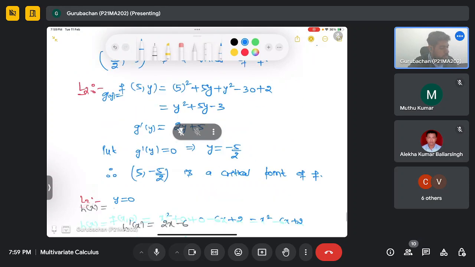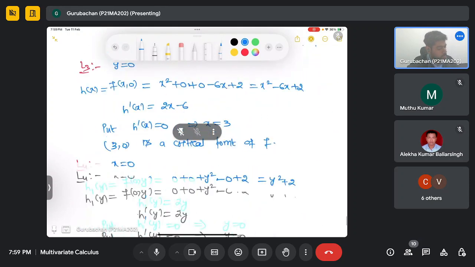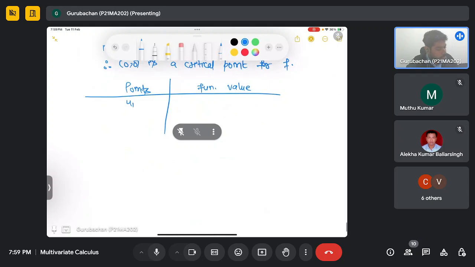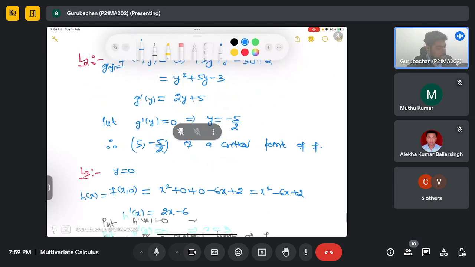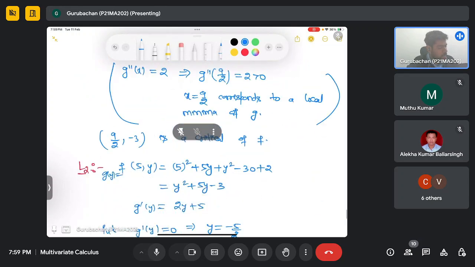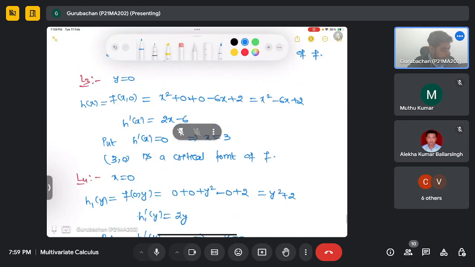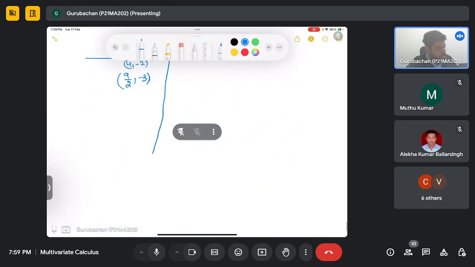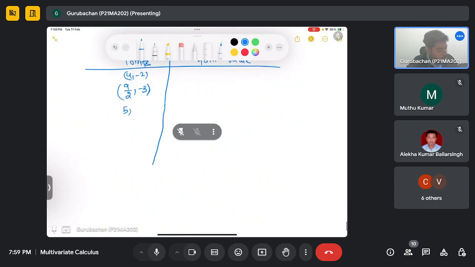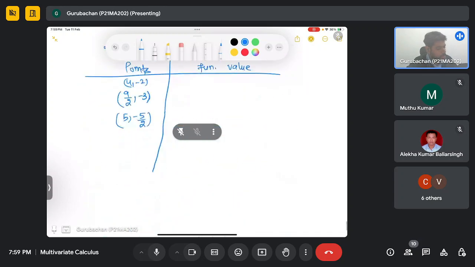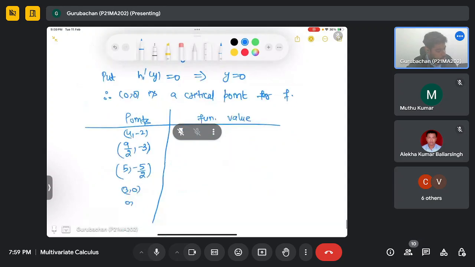First of all, the points are (4, -2), and the second point is (9/2, -3), and the third point is (5, -5/2), and the fourth point is (3, 0), and the other point is (0, 0).